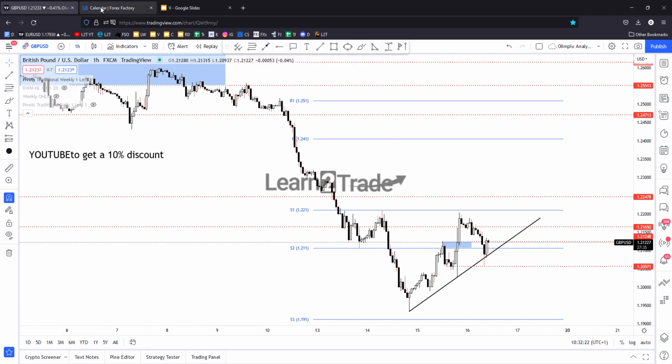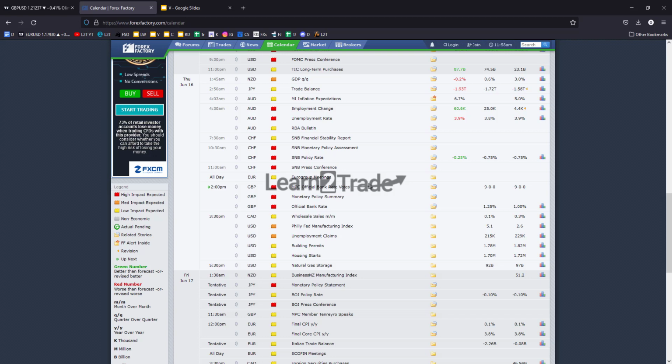So let's take a look at the economic calendar. As you already know, the Bank of England is expected to increase the official bank rate from 1.00% to 1.25%.